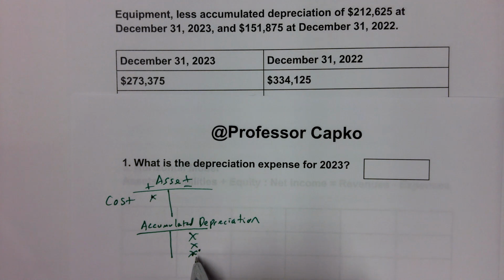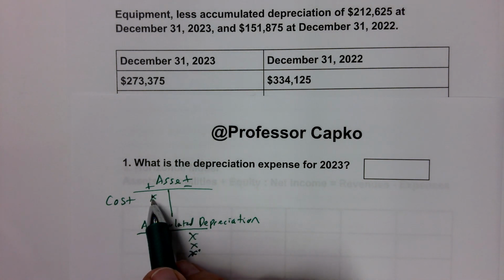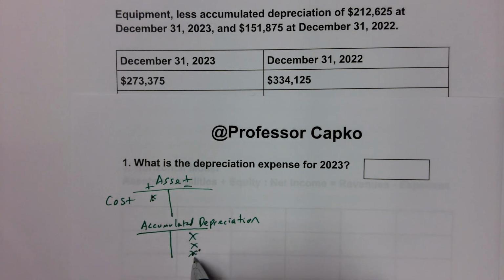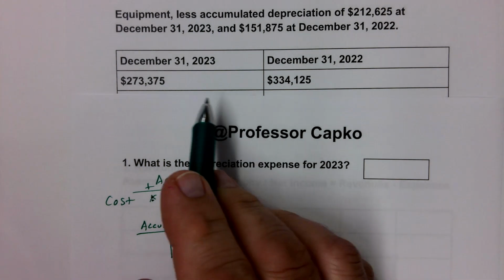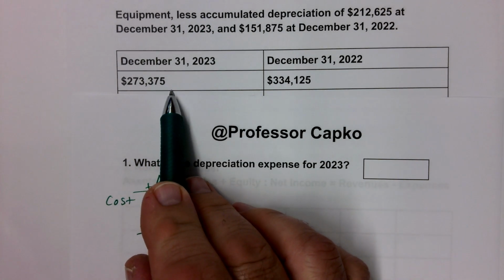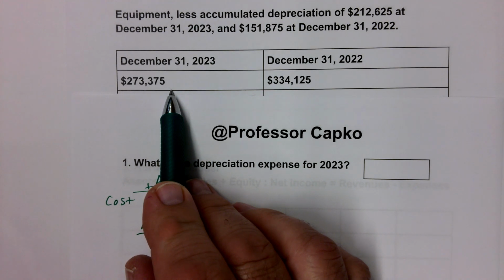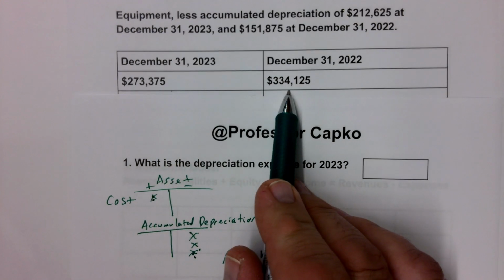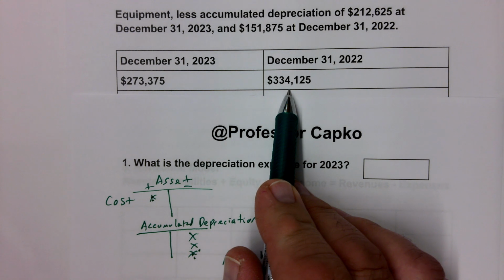This accumulated depreciation is going to offset that cost, and the difference between the cost and the accumulated depreciation is going to be our book value. That's our book value, which we're given here, December 31st, 2023, and our book value at December 31st, 2022.